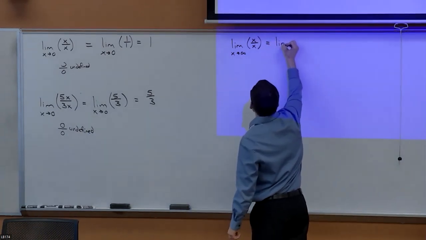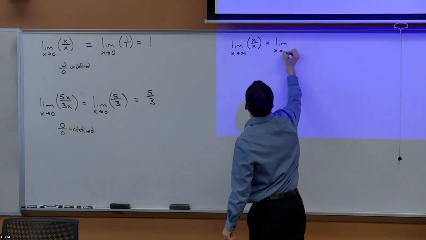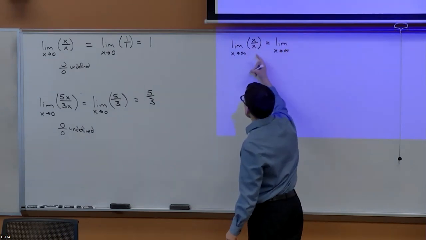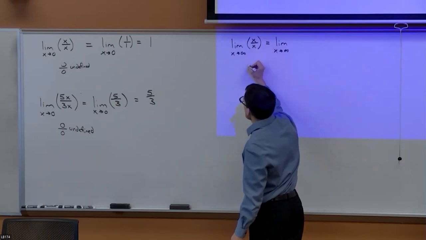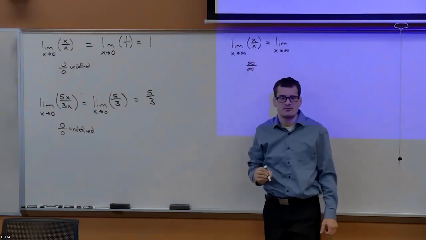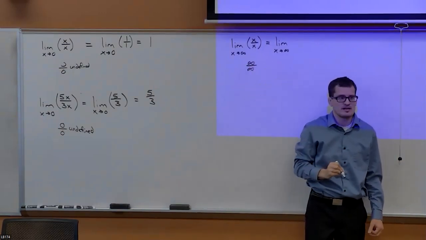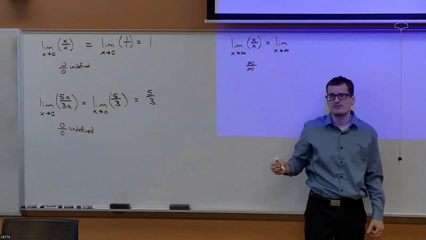We could algebraically simplify. Now, by the way, let me restate this. If you just plugged in infinity, and by plugging in infinity, I mean that really loosely. I don't mean we're actually plugging in a number called infinity.